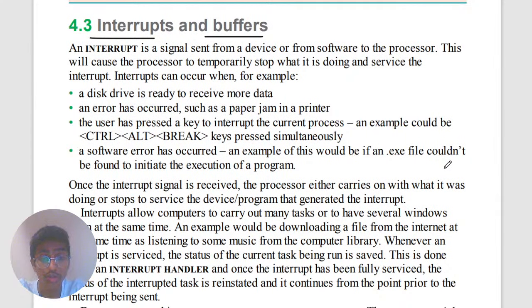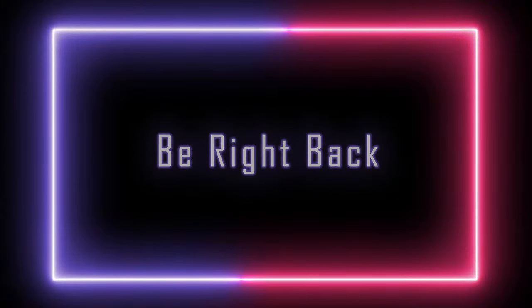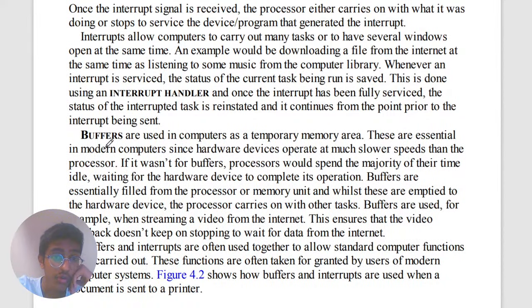Then we have buffers, which are used in computers as a temporary memory area. This basically means that hardware devices operate at much slower speeds.